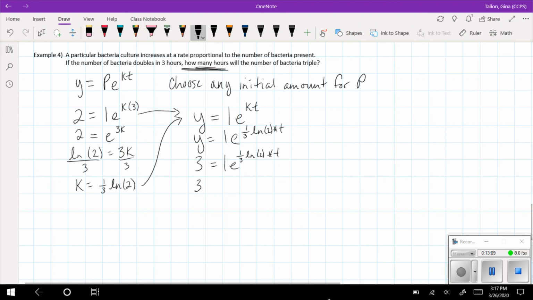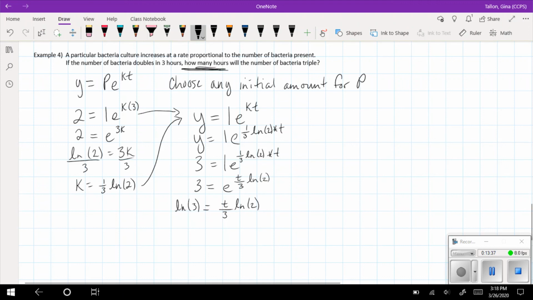This gives me 3 equals e to the, can I call this t over 3 natural log of 2? And now I'm going to switch this again from exponential into logarithmic form. So I'm looking at natural log of 3 is equal to t divided by 3 natural log of 2.